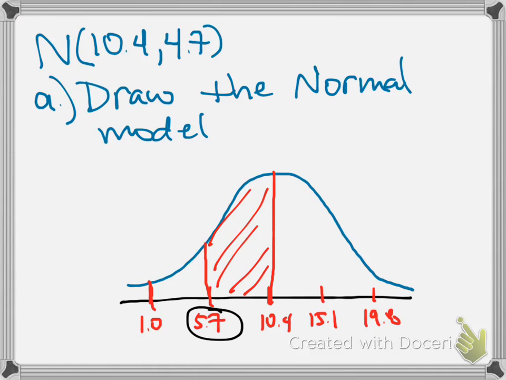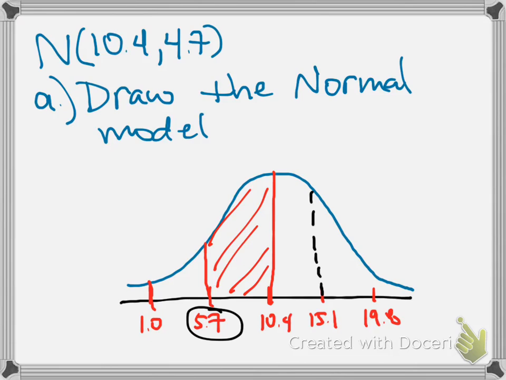Now we can think about this problem in a couple ways. If we're only interested in giving an approximate proportion of trees that would be above 15 inches in diameter, perhaps using 15.1 as an approximation would be sufficient.